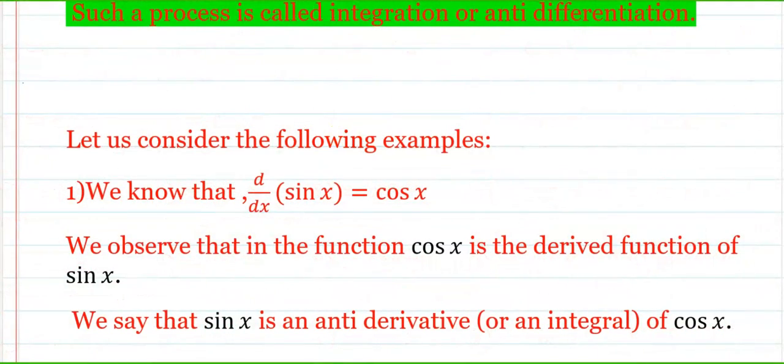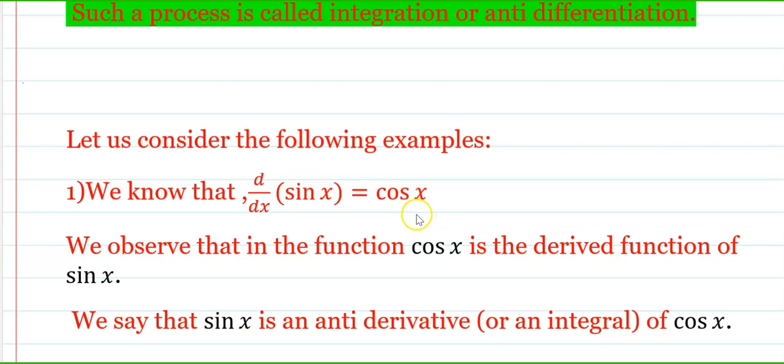Let us consider the following examples. First example, we know that d/dx of sin x is equal to cos x. Suppose we want to find the integral of cos x. Then we ask the question, which is the function whose derivative is cos x?